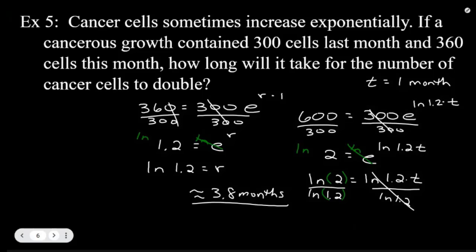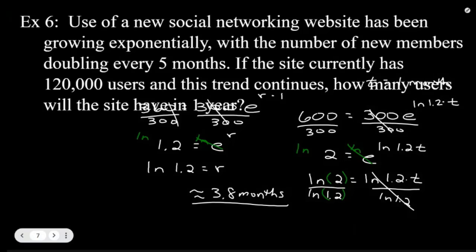Okay. And again, depending on how precise, 4 months might be close enough. Although if it's cancer, I'd kind of want to be pretty precise, but who knows? Okay. So 3.8 months is our answer there. Any questions on that? All right.